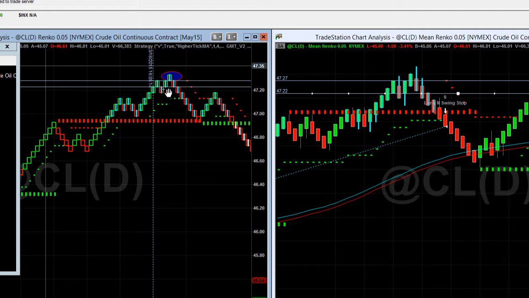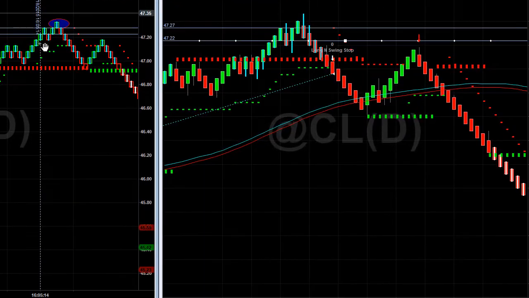Now, what happens in real time is that you'll get price. Let's say, for example, I'm watching this brick here, and it's moved up 5 points. Fantastic. Then in real time, the next brick is starting to print, but it has to move 5 points to actually show a brick.